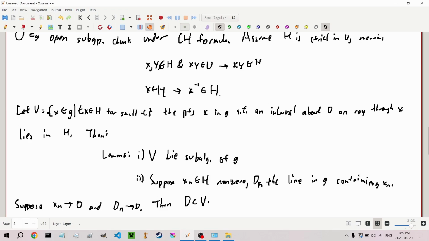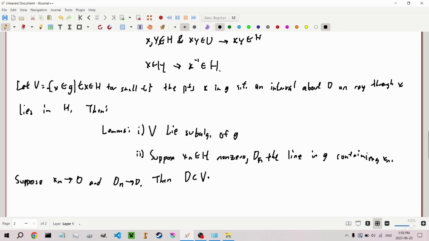We're actually going to prove the second part first. Secondly, we fix epsilon such that a ball of radius epsilon about 0 is contained within U.